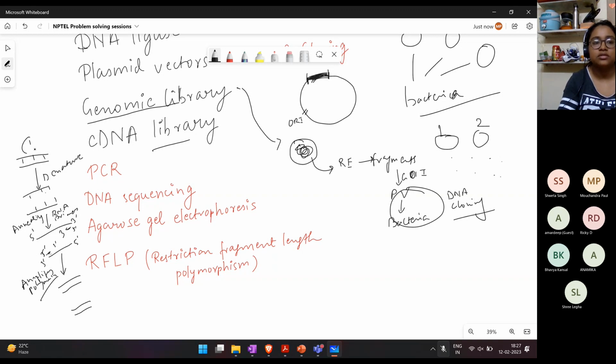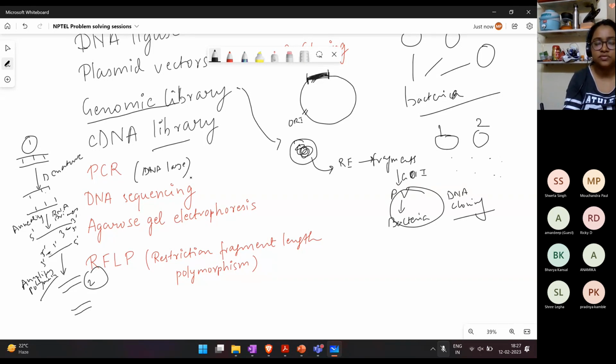So from one DNA fragment, you're getting two. This is how PCR works. So this helps you to get a large DNA sample, which you can again store and do other analysis with.